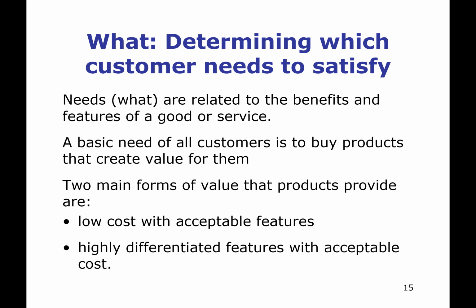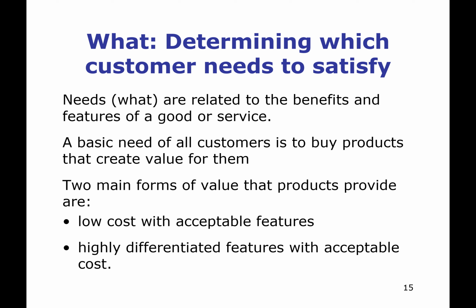The second question you have to ask when you're formulating business level strategy is, what needs are you trying to satisfy for the customer? What are the related benefits and features? What's the basic need? And there are two forms of value that a customer can gain.